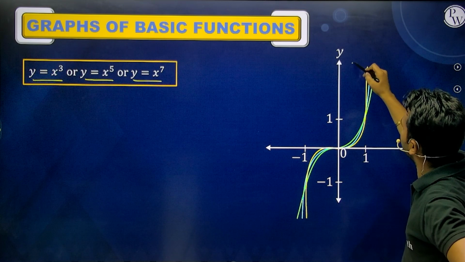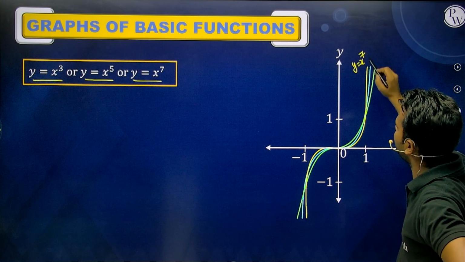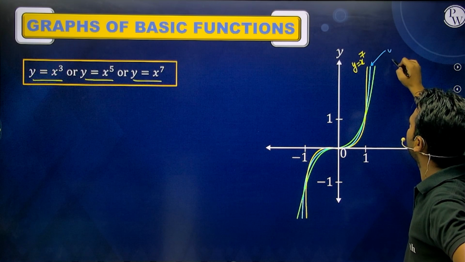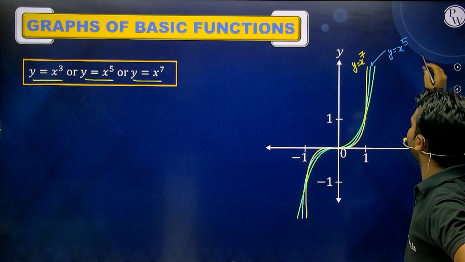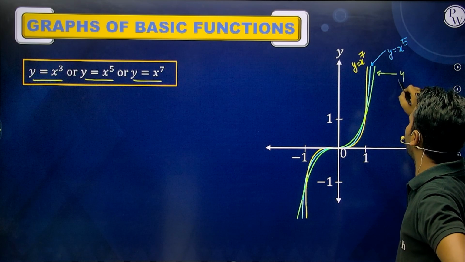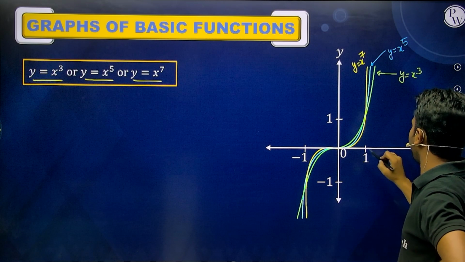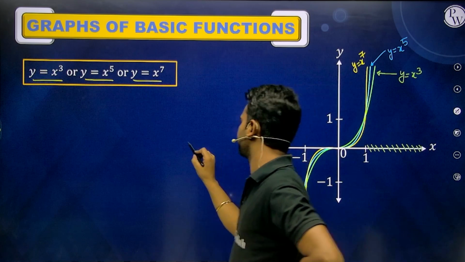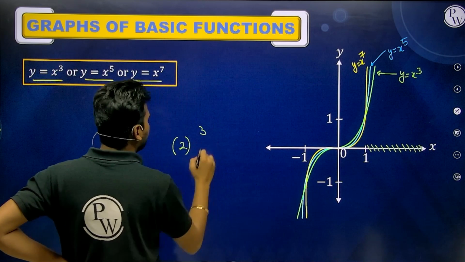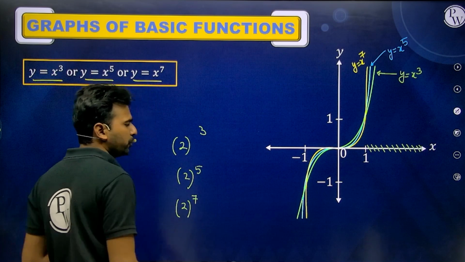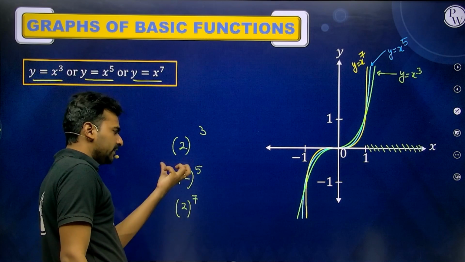This yellow graph is going to be of y equal to x to the power 7. This blue graph is going to be of y equal to x to the power 5. And this green graph is going to be of what? Of y equal to x cube. Why? Because for any value of x greater than 1, let's say you have taken 2, and you are doing cube of that, power 5 of that, power 7 of that, which one is going to be greater? This one, then this one, then this one.